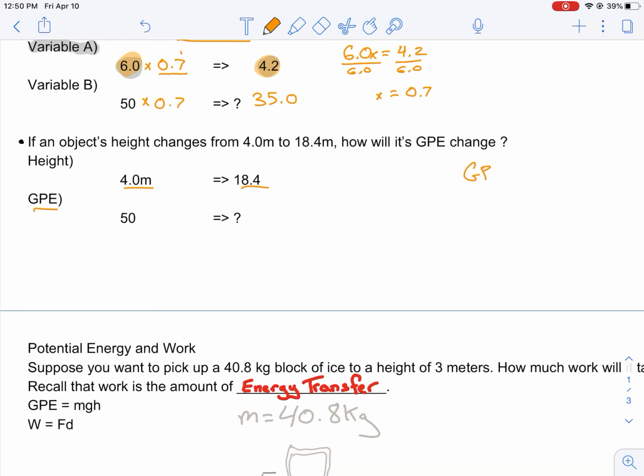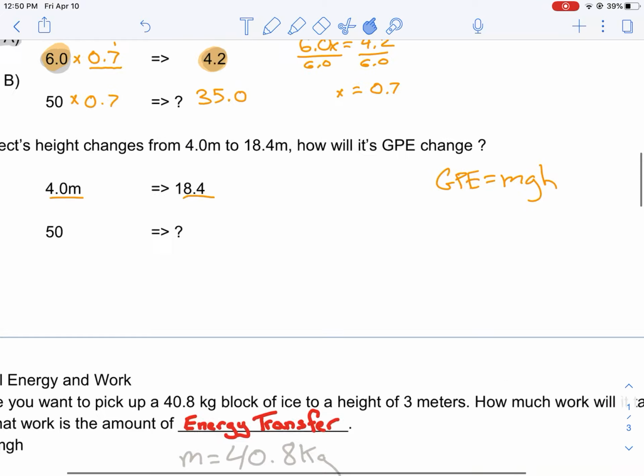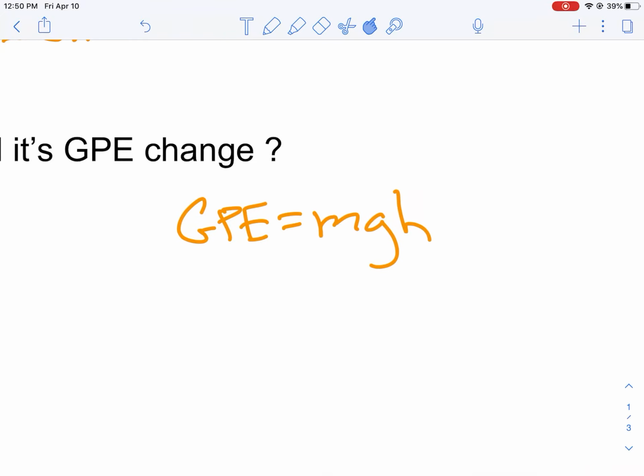Well, recall the GPE relationship. GPE equals mgh. And you guys know that there is a direct relationship between GPE and height. So for whatever factor the height changes by, the GPE is going to change by that same factor.